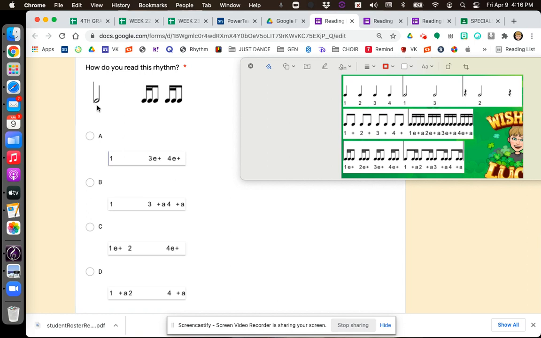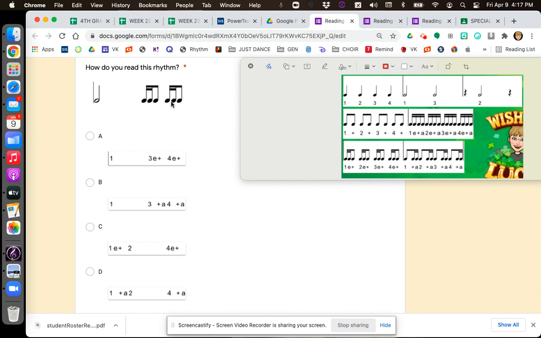Okay, I have a half note at the very beginning of my measure. Now I have 2 16th notes, followed by an eighth note. Now, here's my first beat, here's my second beat. 2 16th notes, followed by an eighth note. 2 16th notes, followed by an eighth note.